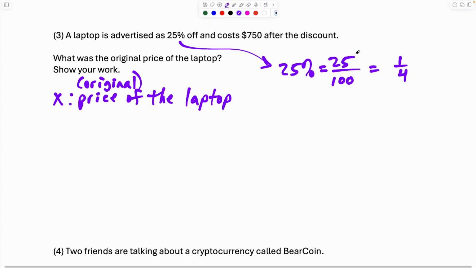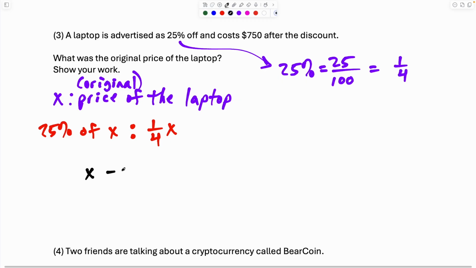So what we could do is we could say 25% of X would be 1/4 times X. Okay, so if I'm taking 25% of X, I'm really just taking X and dividing by 4, or really just multiplying it by 1/4. So now let's think about how we combine this information here. So when 25% is taken off, it's taken off the price of the laptop.